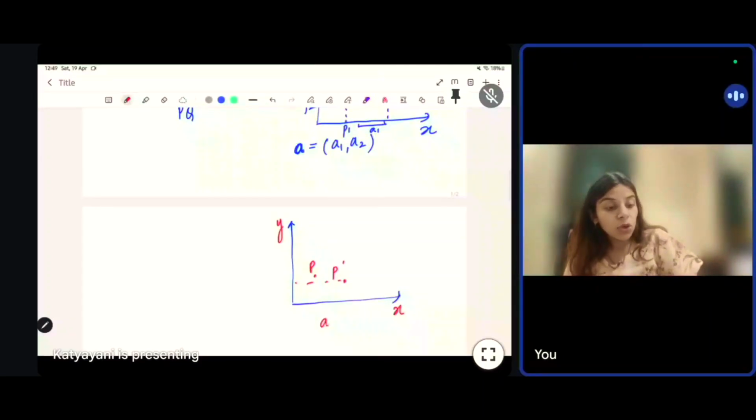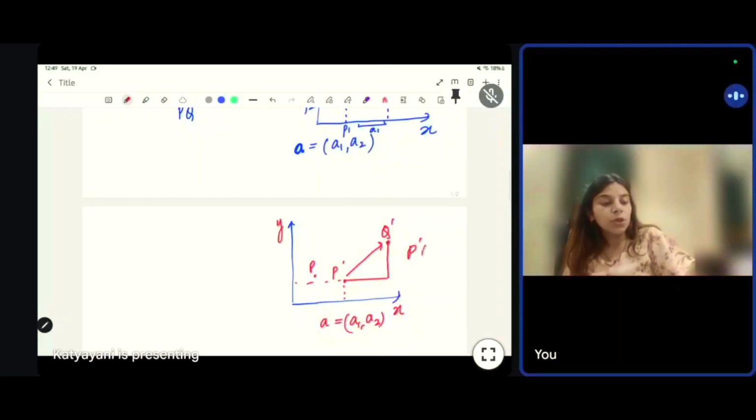Now again, if I'm talking about vector A being A1 A2, right? दोबारा से A1 A2 का मतलब है I am moving A1 distance on the x-axis and then A2 distance on the y-axis, and suppose now I am reaching a point Q prime, right? So the geometric vector here would be P prime Q prime, and we are moving from P prime to Q prime, right? Now this geometric vector PQ is equal to the geometric vector P prime Q prime.